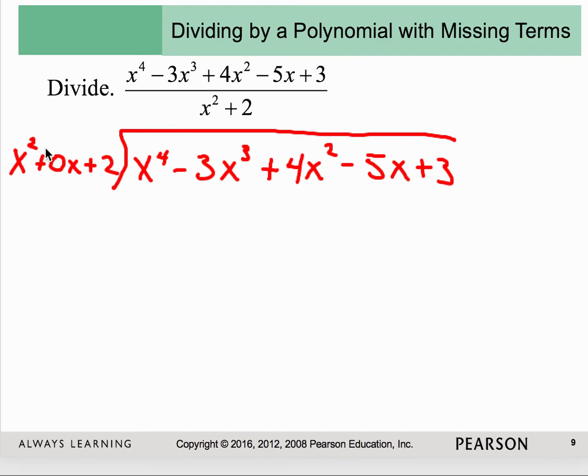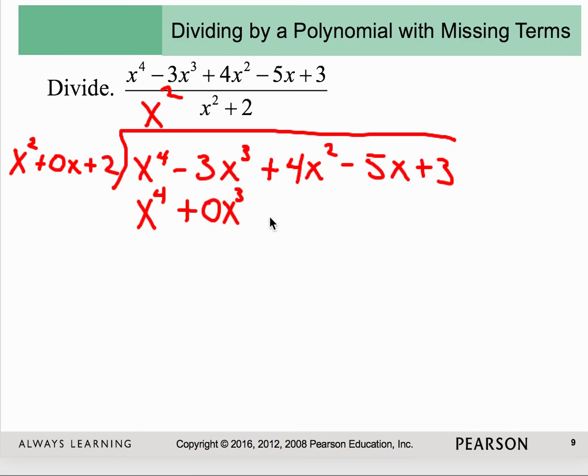Okay, 2, 1, 0. Okay, what do you got to multiply x squared by to make it x to the 4th? X squared. X squared times x squared is x to the 4th. X squared times 0 is 0. And you can put 0x cubes there if you want. It doesn't matter. I guess I will just for emphasis now, but it's 0x cubes.